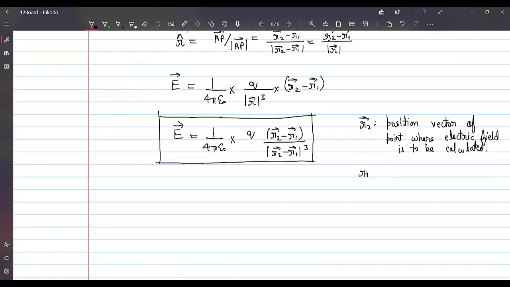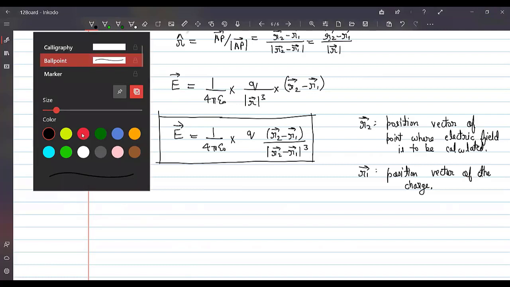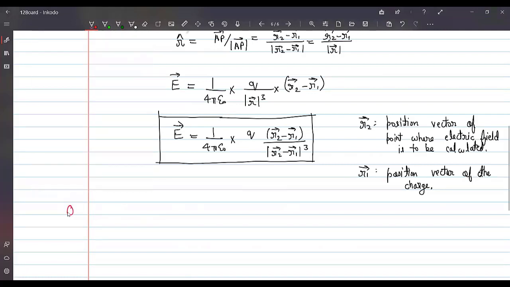And r1 vector is the position vector of the charge. We'll take up a simple problem to understand this.